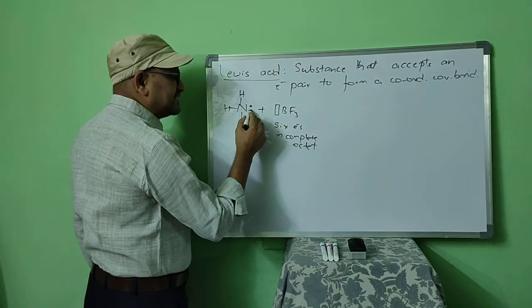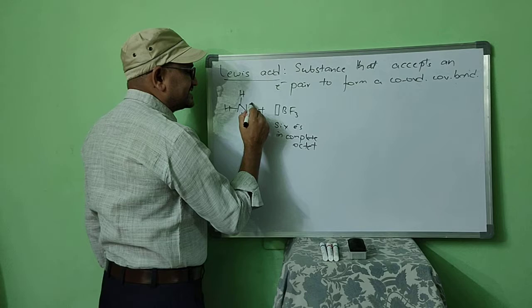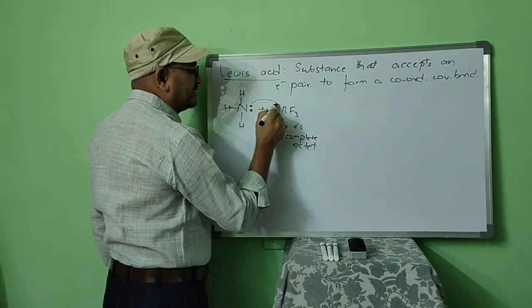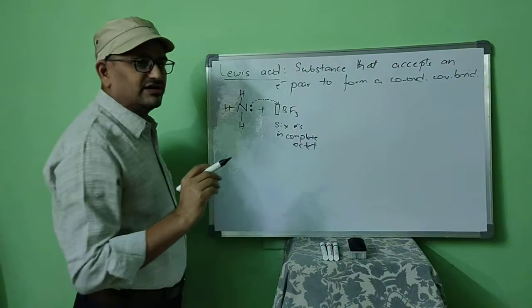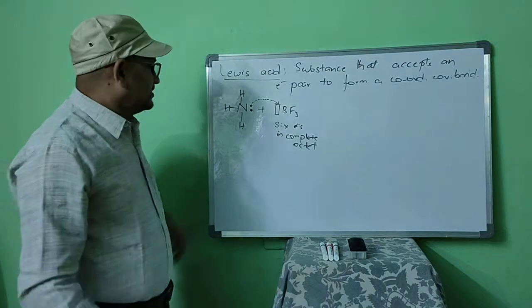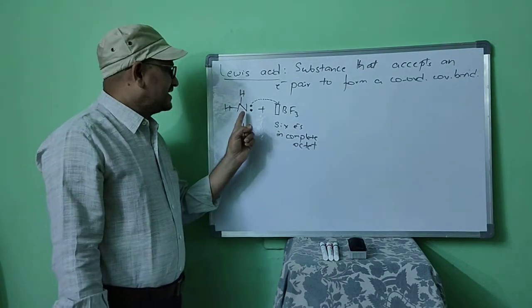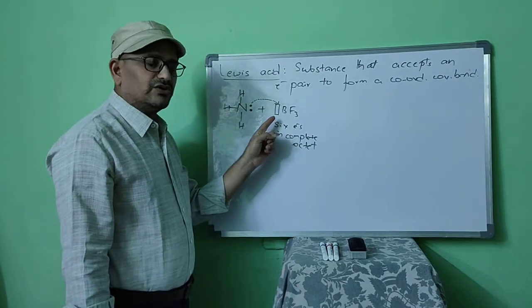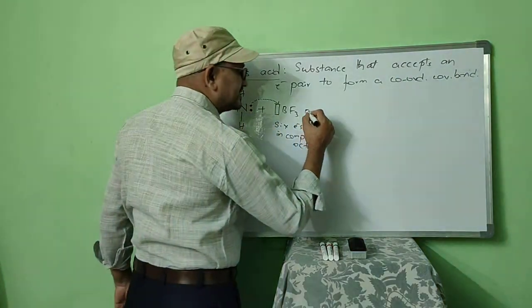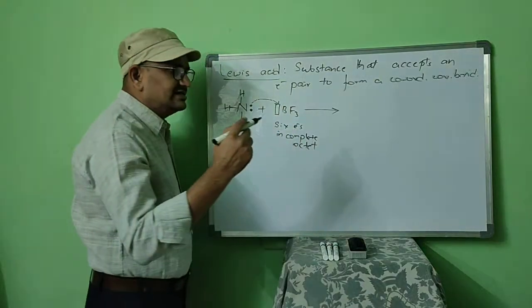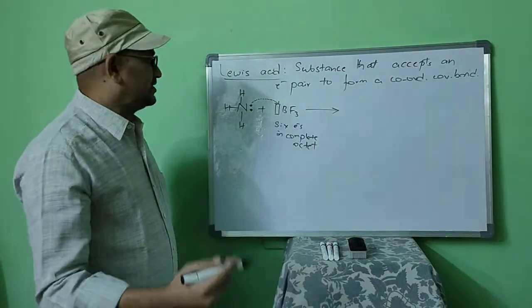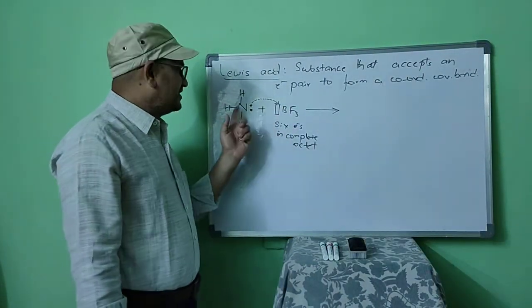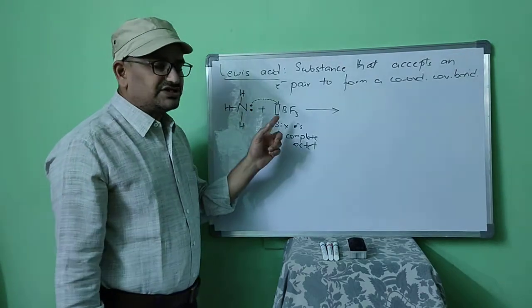Nitrogen, which possesses a lone pair of electrons, donates that electron pair to the vacant orbital of boron. From ammonia, nitrogen donates the lone pair of electrons to the vacant orbital of boron, and thus a coordinate covalent bond will be formed. Usually in a normal covalent bond, the shared electron pair is formed by equal contribution of both the atoms.